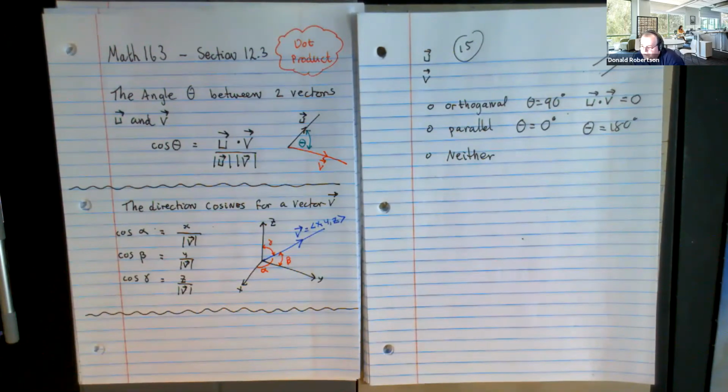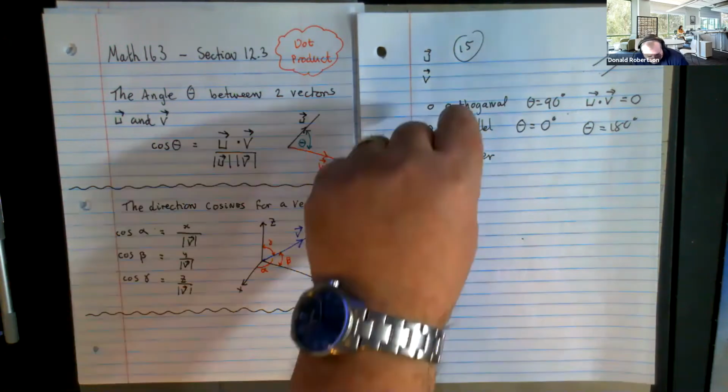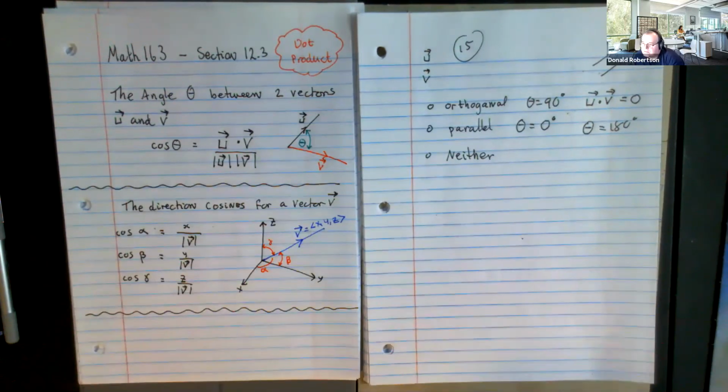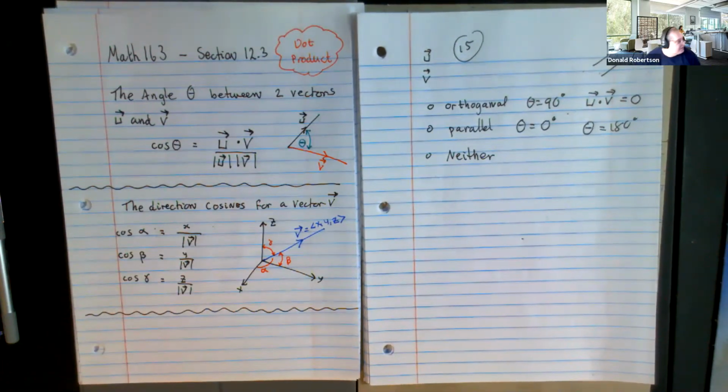But it's essentially the same question. Find the angle between two vectors, but don't write down what the size of the angle is. Pick one of these three. And that's what 15 is like. We did one yesterday like that.